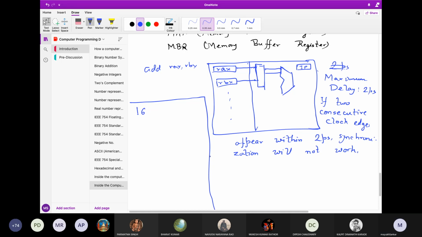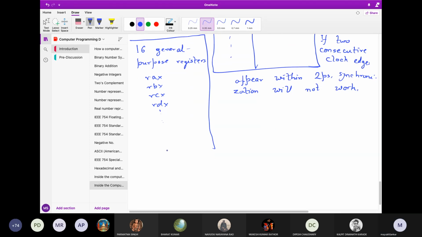For example, there are 16 general purpose registers: RAX, RBX, RCX, RDX, and so on.